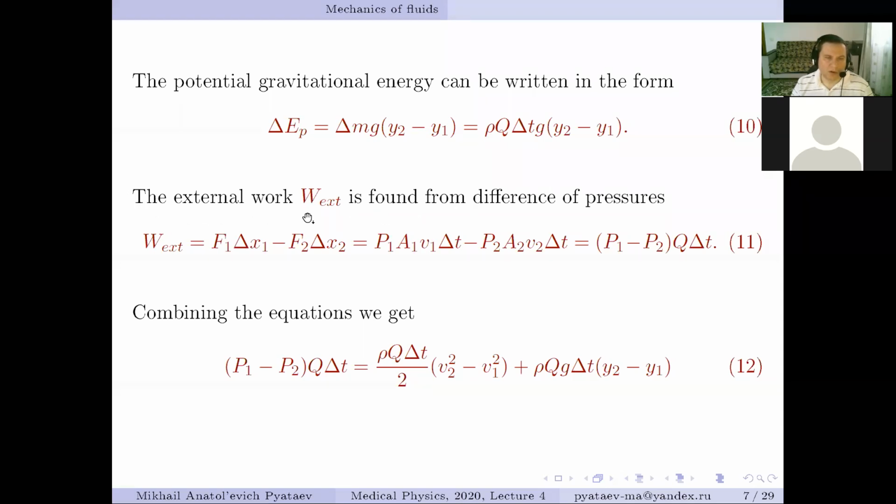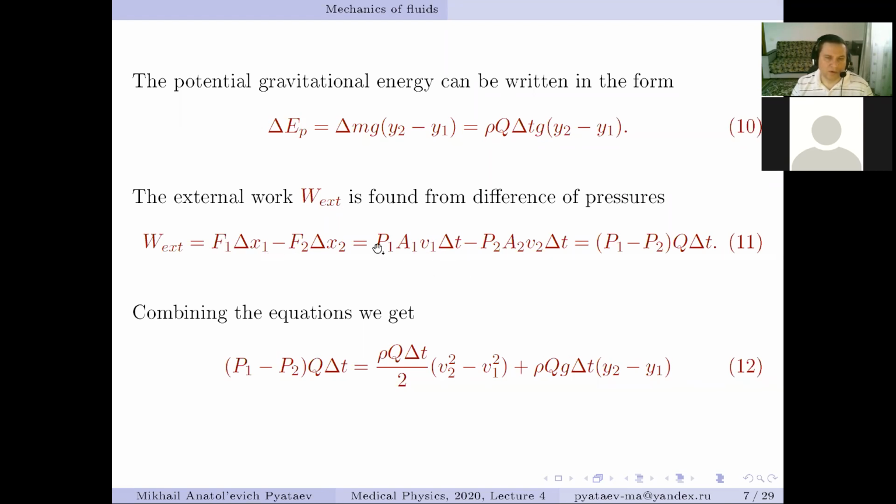And now we should calculate the external work done by pressure. As I told, the force F can be found as a product of pressure and cross-section area, and delta x, the displacement of liquid, can be found as v multiplied by delta t.